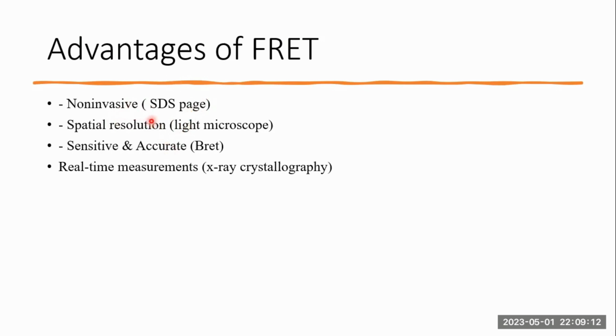This also ties into the real-time measurements, as we can view them live with much quicker results than if we were to fixate them like in X-ray crystallography. This also is super important and comes into play with its comparison to BRET.